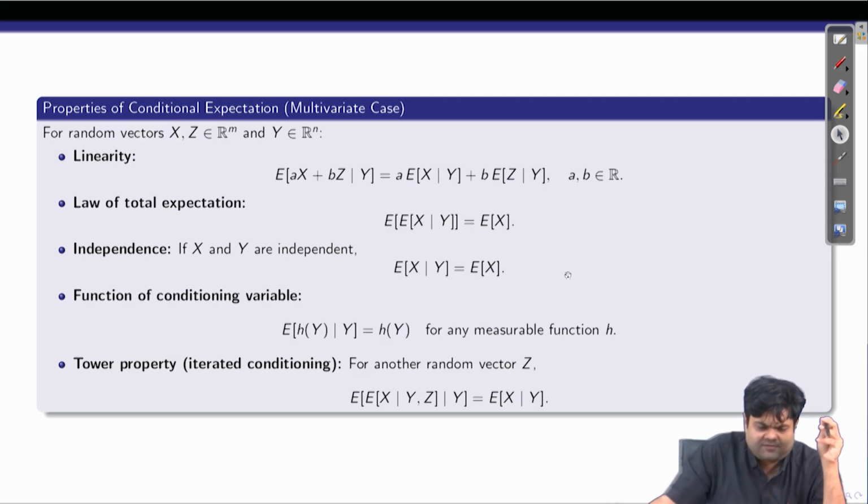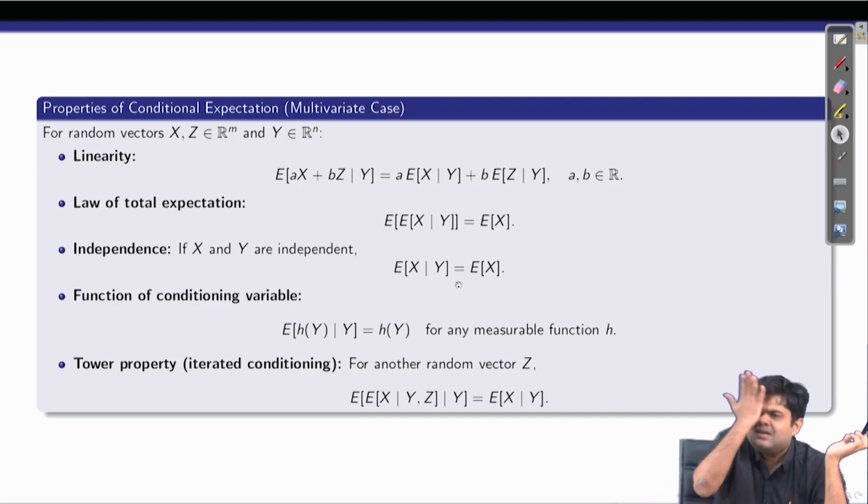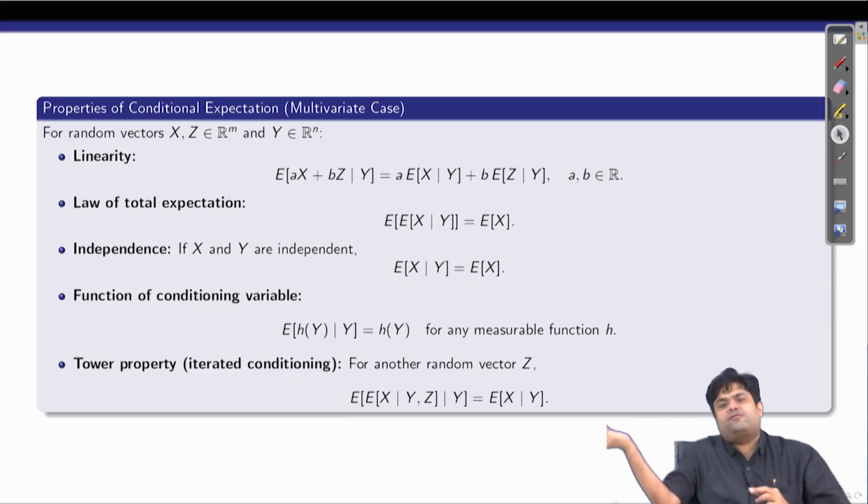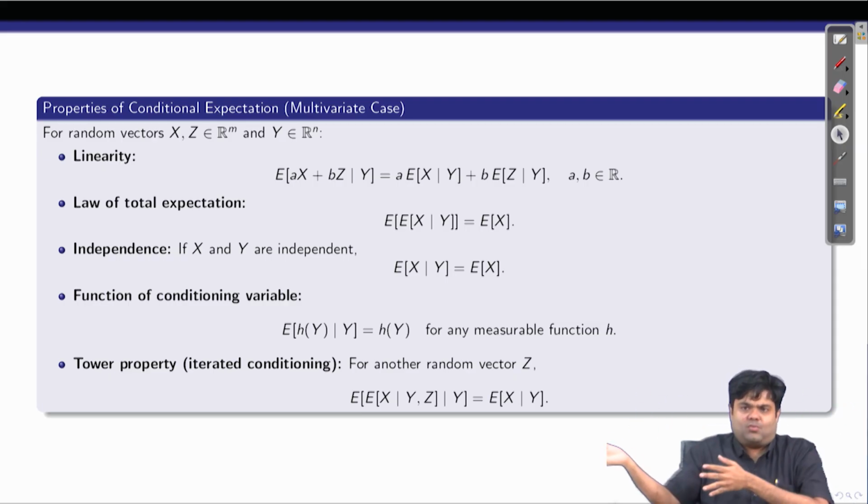Some properties of conditional expectation. The conditional expectation preserves linearity. As we said, by the law of total expectation, the conditional expectation gives you the unconditional expectation back. If x and y are independent, then the conditional expectation of x given y is just the expectation of x. Basically, if x and y are independent, the conditional distribution of x given y is just the distribution of x, irrespective of the y value.